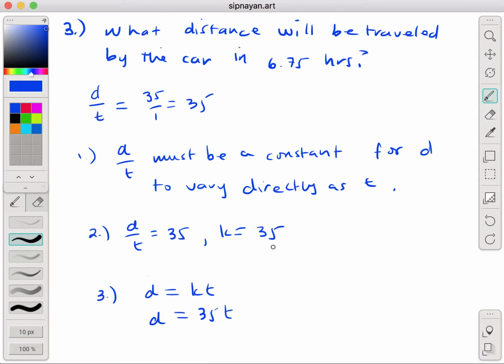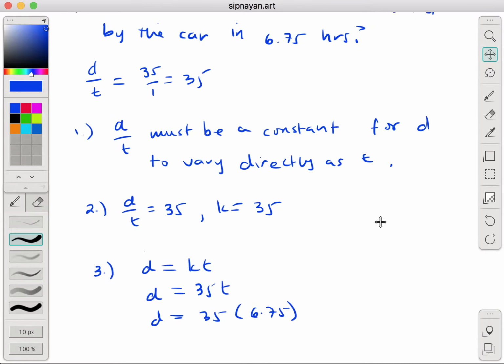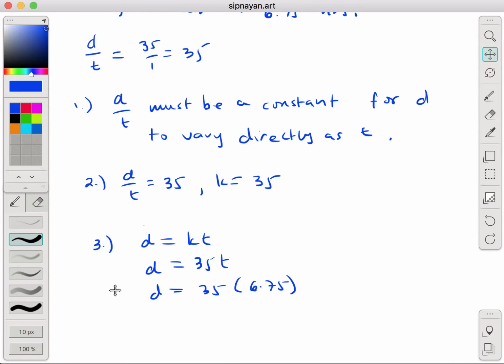Since yung K natin ay 35, and yung time natin is, dito time ang given, so D equals 35 times 6.75 hours, which is equal to, we can just use the calculator para mabilis tayo, no?